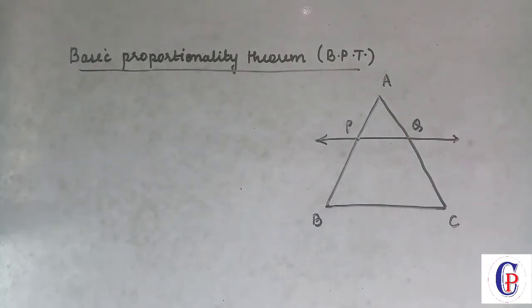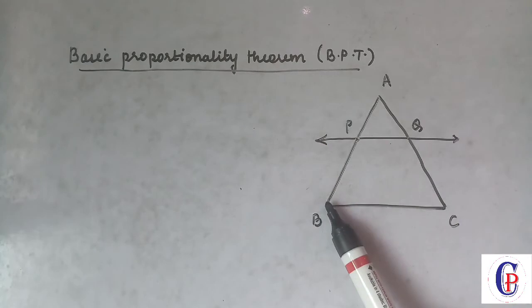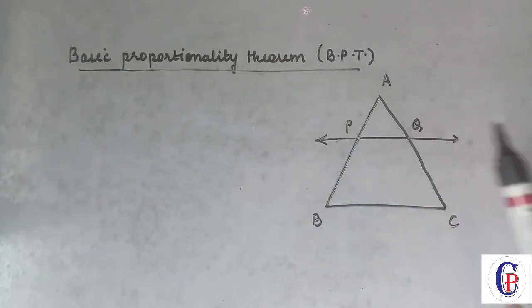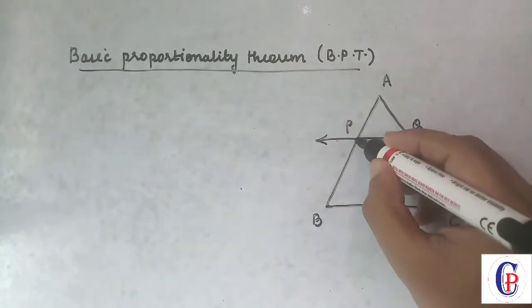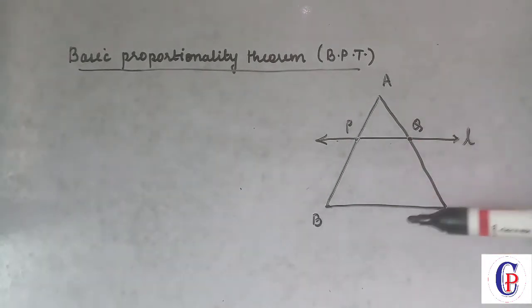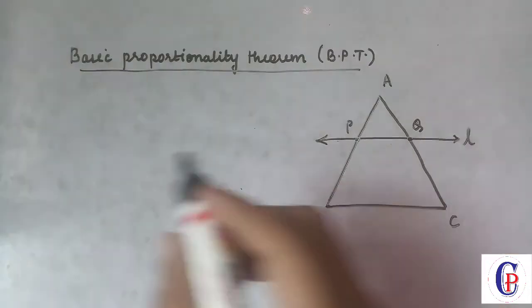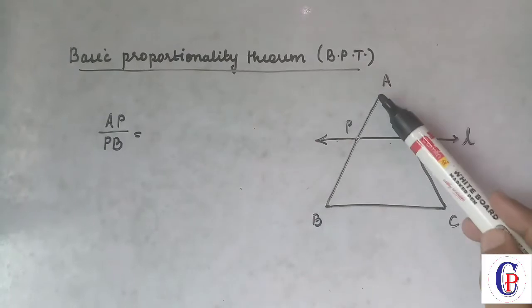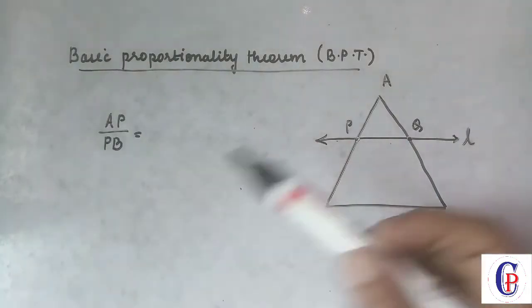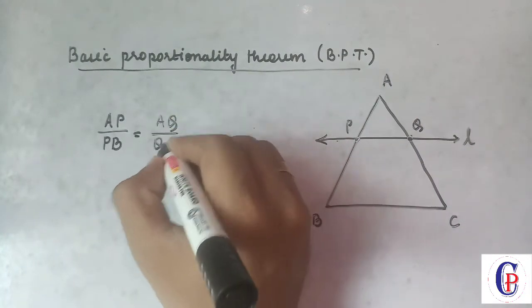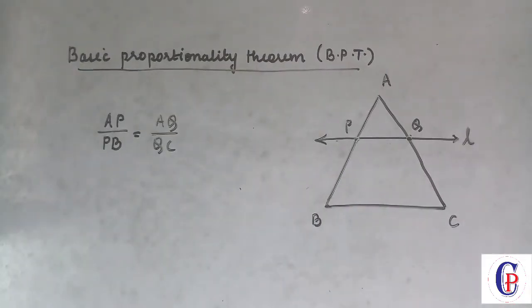For easy understanding, I have drawn this line parallel to BC, and it intersects at points P and Q. Let us call this line L. If you see such a diagram, your immediate answer should be AP upon PB is equal to AQ upon QC. Done. This is our BPT theorem.